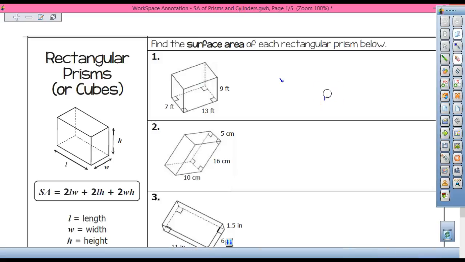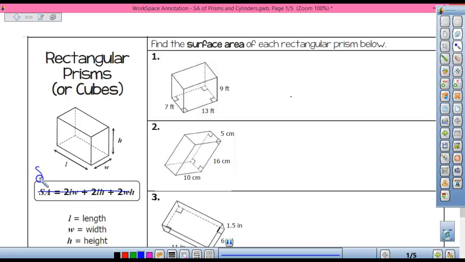Surface area. They do it differently in this book for rectangular prisms as they do for everything else. I like to do it the same way for everything. So I'm going to change this formula a little bit to the same formula that it is for every other prism that we do.